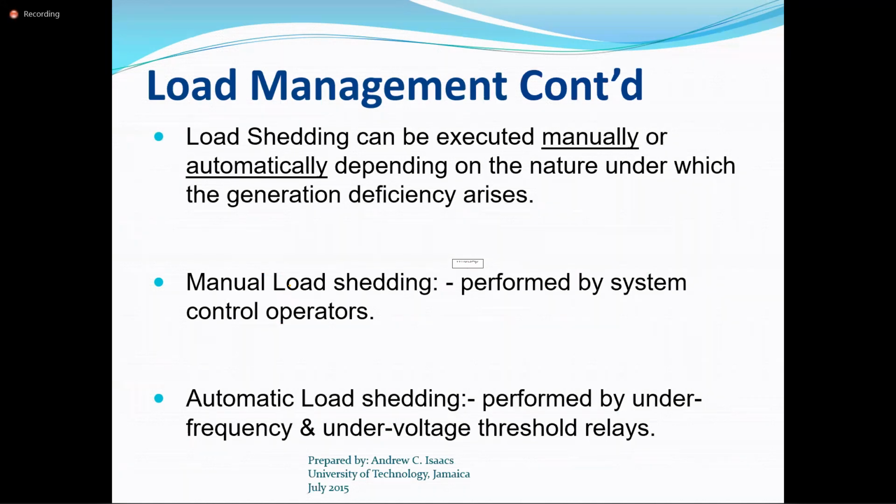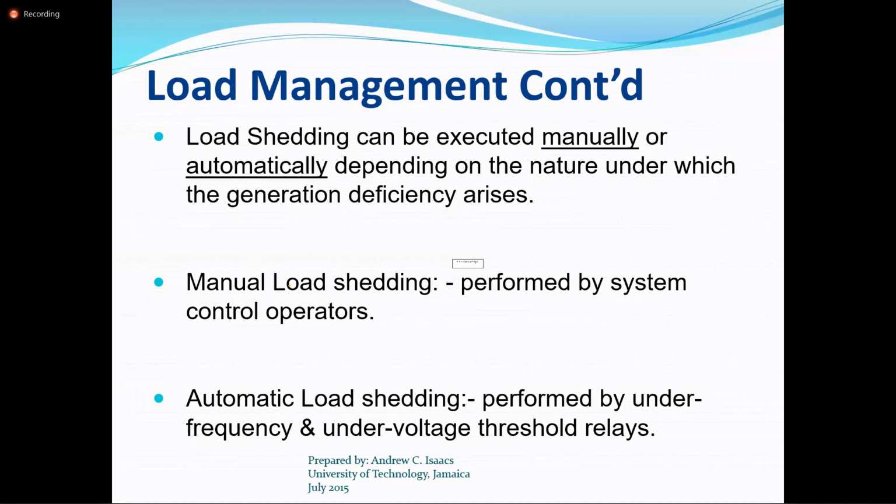The key here, and I haven't heard it being used recently, but when we have shortfalls of generation, in the past you would have heard announcements coming from the utility company indicating which blocks would have been removed from the system.